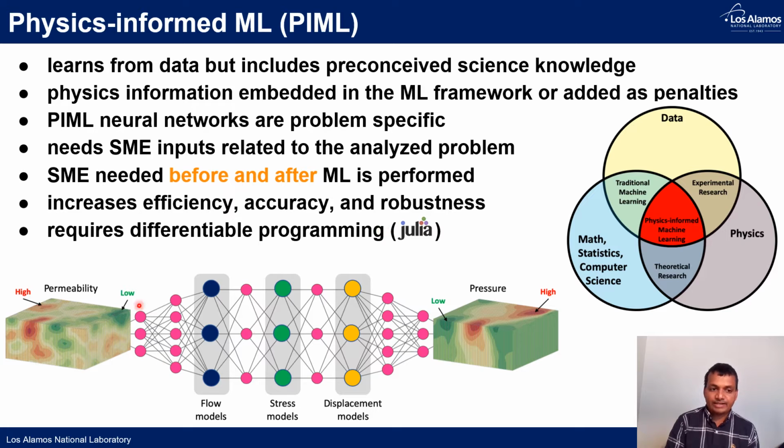For example, here we have the pressure distribution and corresponding permeability. We can add flow models, stress models, and displacement models, and it can learn from all of these and predict pressure. So you input data like permeability, then provide flow, stress, and displacement models, and it can predict pressure.